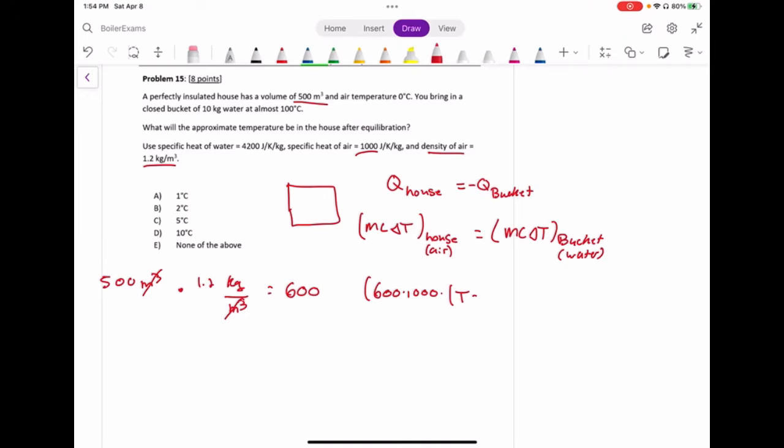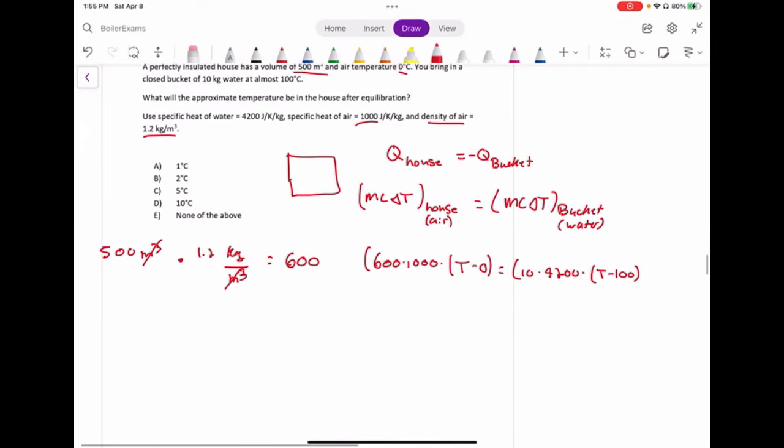So T minus Ti, which is 0, they tell us up here, initial temperature of the air in the house, equals mass of the water, 10 kilograms, times specific heat, 4,200, times change in temp, which comes in at 100. So now we are looking for T. What's the approximate temperature in the house after reaching equilibrium?